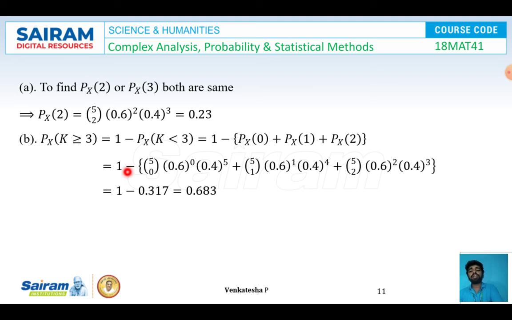So I got the expression 1 minus [5C0 (0.6)^0 (0.4)^5 plus 5C1 (0.6)^1 (0.4)^4 plus 5C2 (0.6)^2 (0.4)^3]. By simplifying all this, I got 1 minus 0.317. The answer will be 0.683.